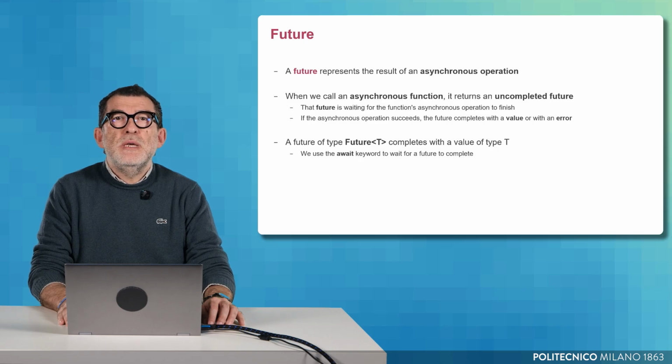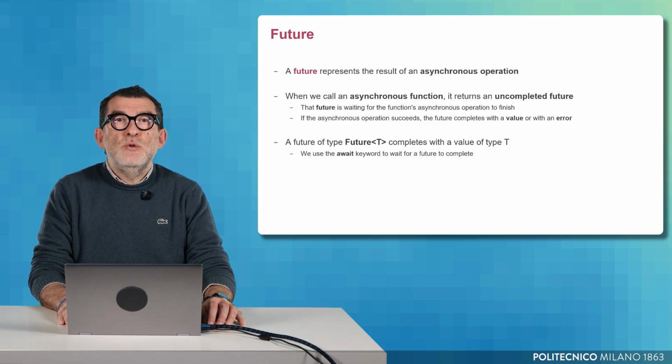Later, the future will either complete with a value, if the computation succeeds, or complete with an error if something goes wrong. In Dart, Future is a generic class. A Future<T> means that when the computation completes successfully, it will produce a value of type T.